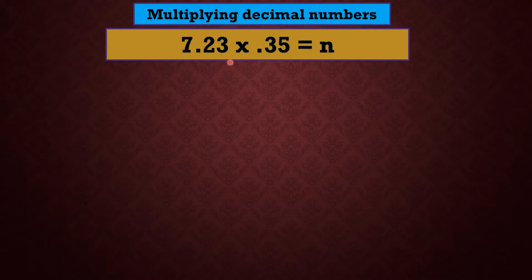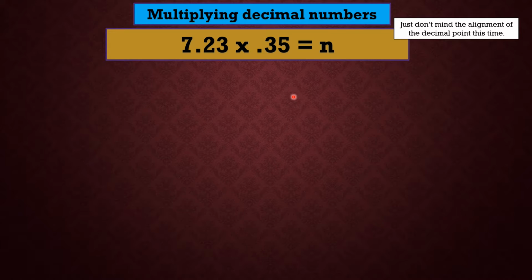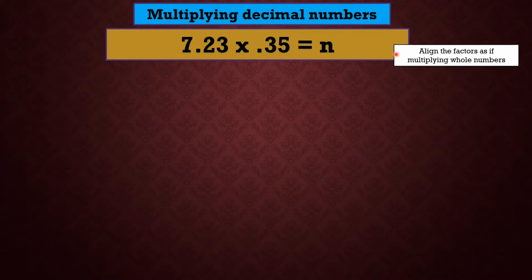Unlike addition and subtraction where we have to align the decimal point, this time we're just going to rewrite them in column as if whole numbers, regardless of the alignment of our decimal point. Just don't mind the alignment of the decimal point this time. Align the factors as if multiplying whole numbers.